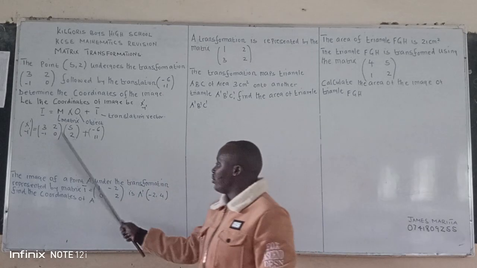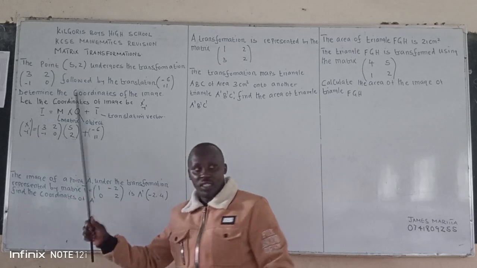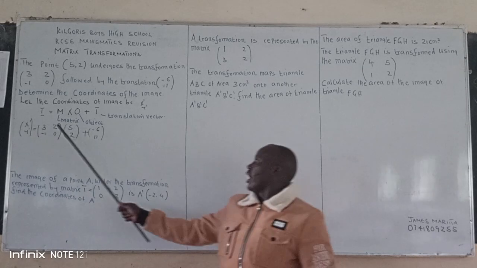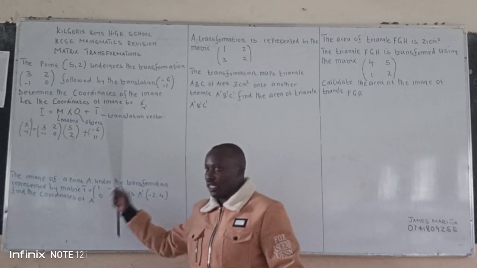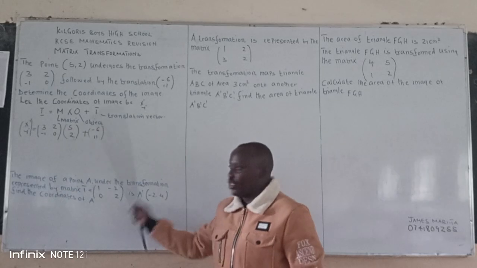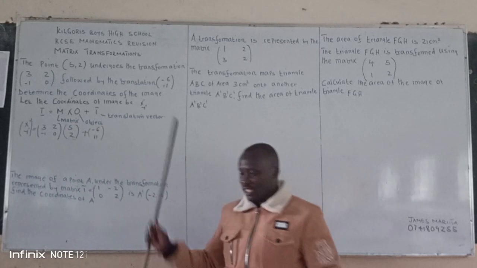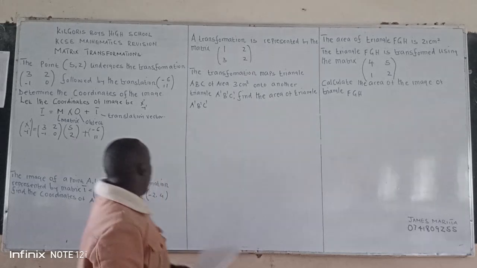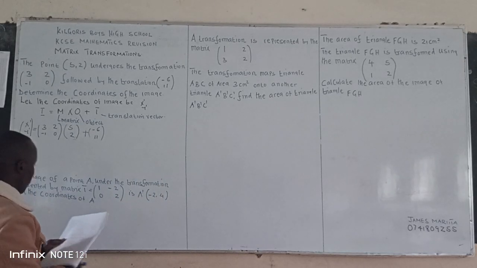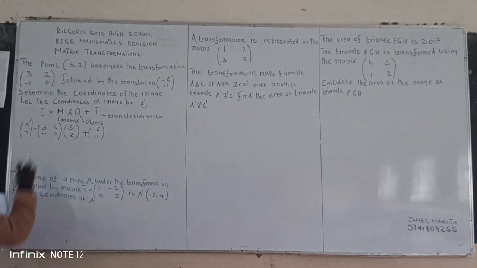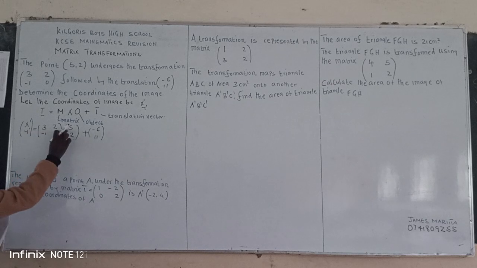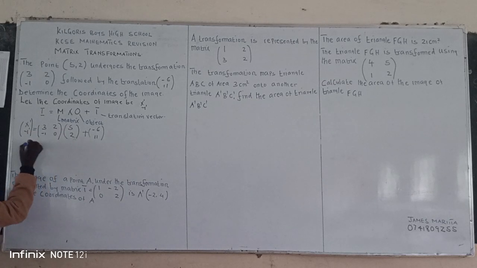If we work it out, 3 times 5 is 15, plus 2 times 2 is 4.